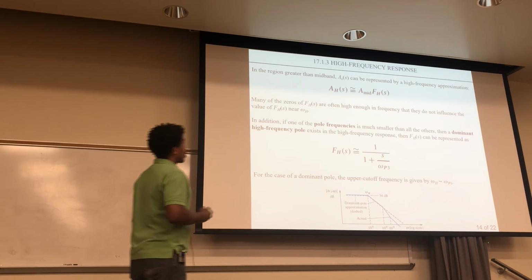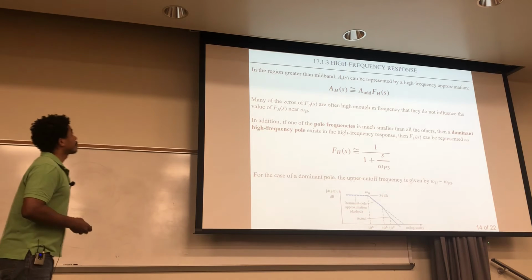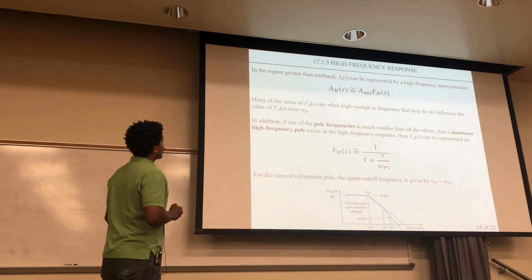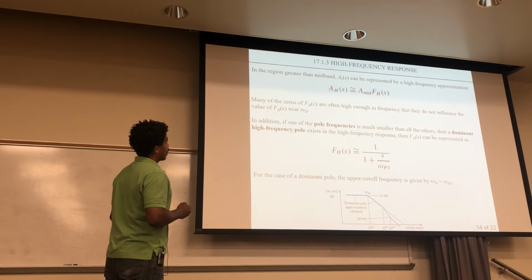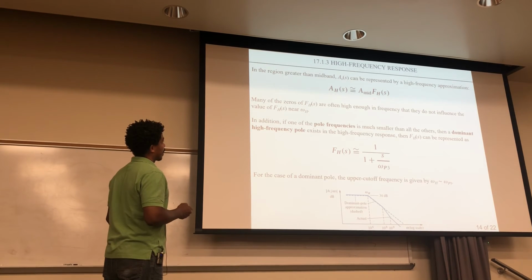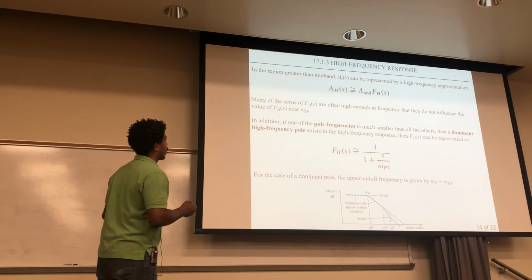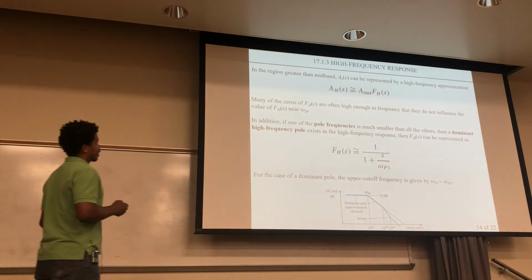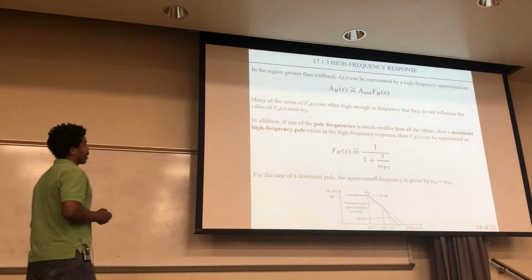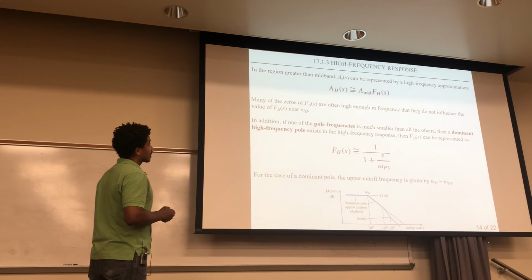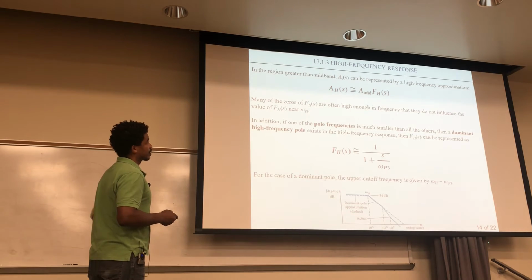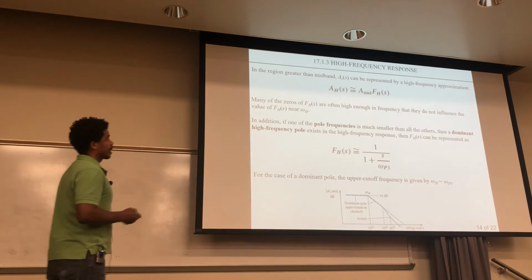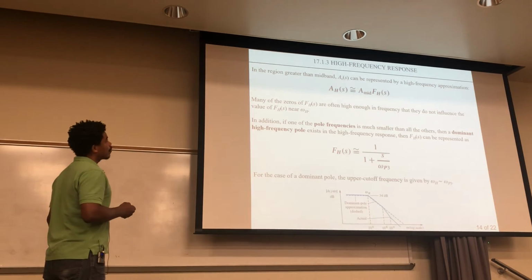And we can also do that for the high frequency. So in the region greater than midband, AV can be represented by a high frequency approximation like this, and in this case, the FL is approximated as being 1 for high frequencies, meaning the zeros of FH are often high enough in frequency that they do not influence the value of FH near omega H. In addition, if one of the pole frequencies is much smaller than the others, which is like the opposite case of the low frequencies, then that is the dominant high frequency pole.